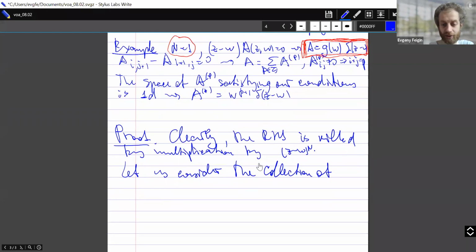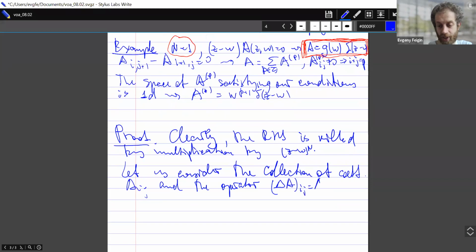Let us consider the collection of coefficients A and J, and the operator delta applied to A, which is AI plus 1 J minus AIJ.